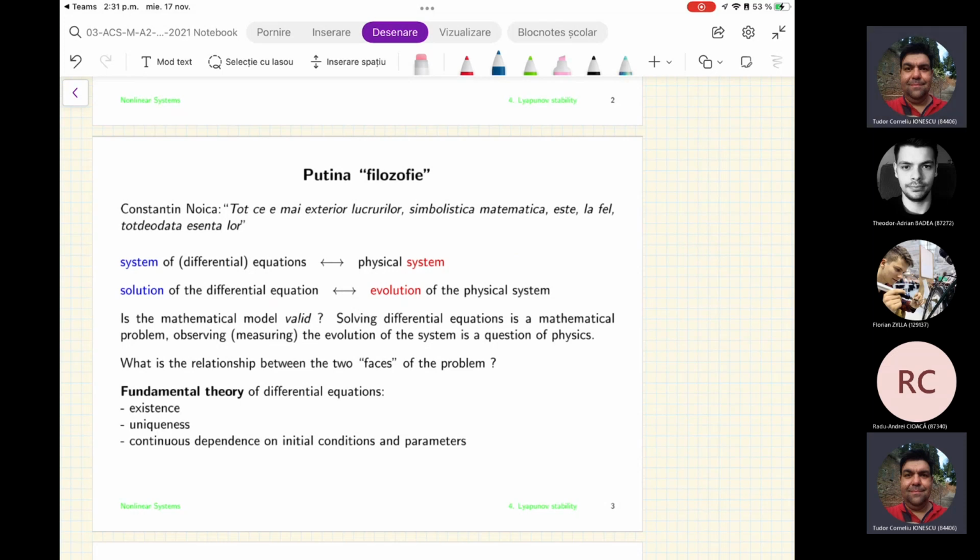That's what it says. So the idea is that we are trying to make a unitary theory of these kinds of systems, irrespective of the field where they come from, just like we did so far. We do not care that our second order systems are mechanical or electrical or whatever. It's all the same. The theory is unitary, is one and only.